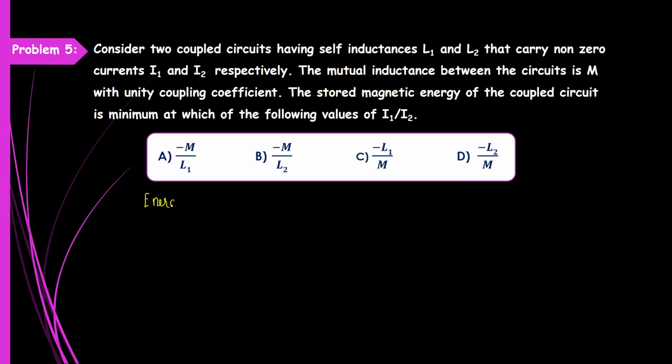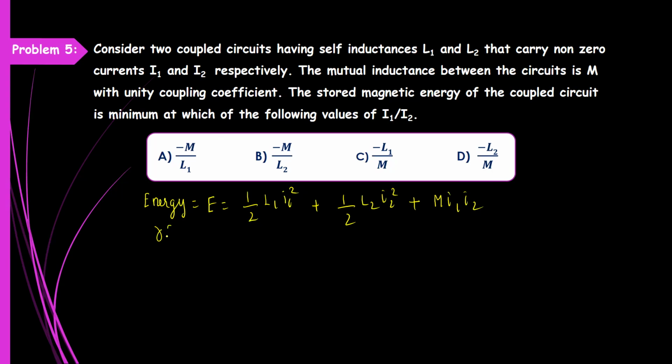Energy equation for a coupled circuit is nothing but E equal to half L1 I1 square plus half L2 I2 square plus M I1 I2. Okay. M is the mutual inductance, L1 is the self-inductance, L2 is also a self-inductance.